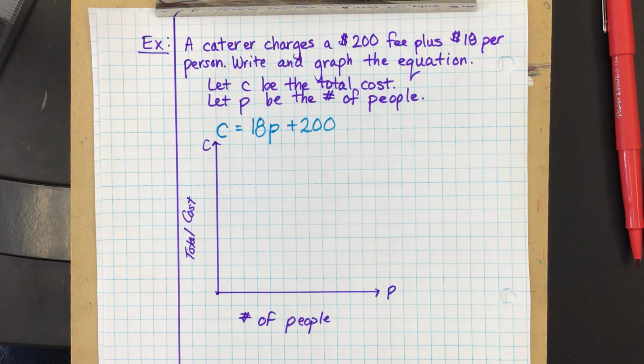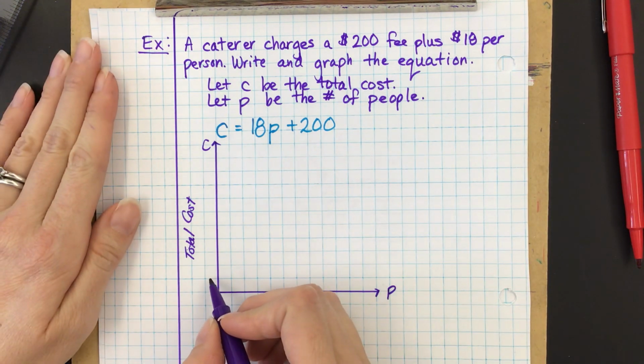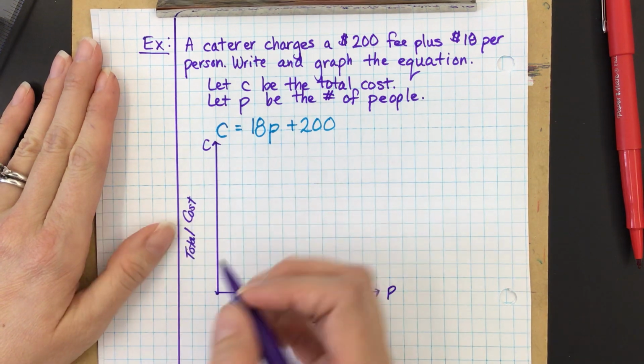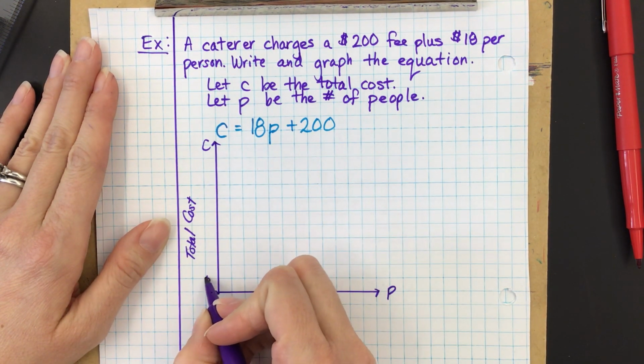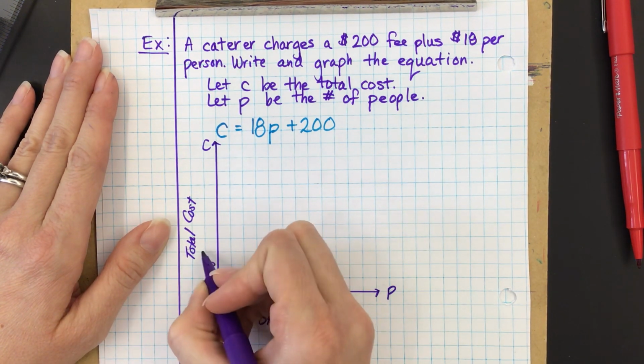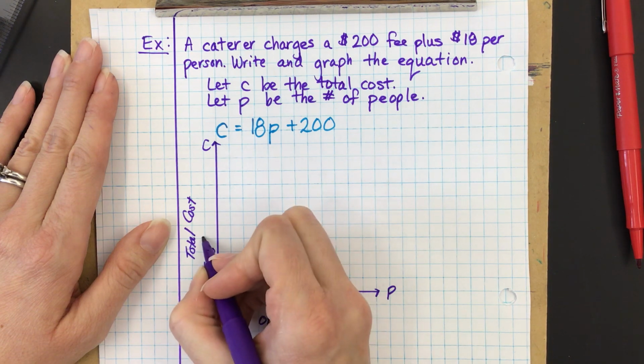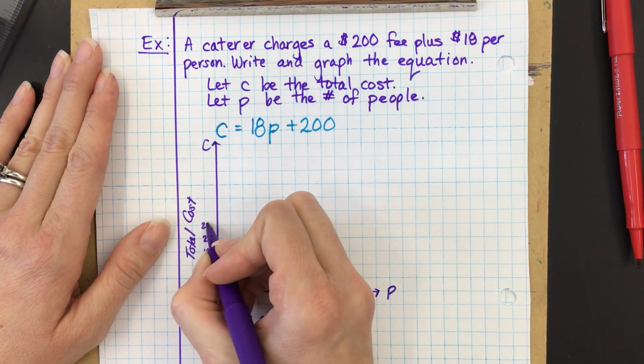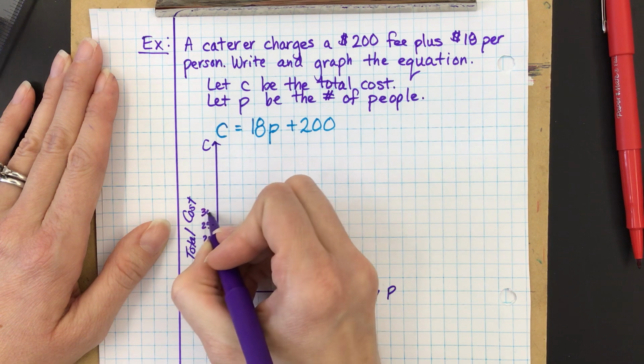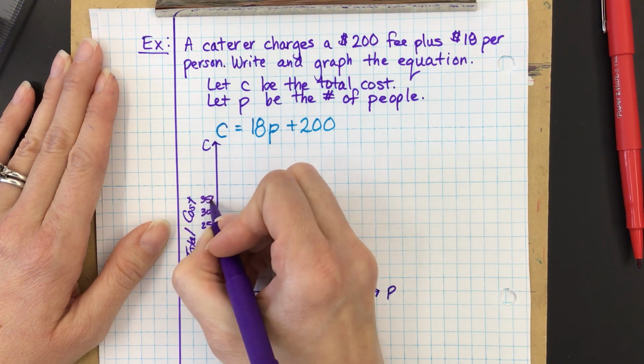Okay, so let's go ahead and go by maybe 50s on the side here. So 50, 100, 150, 200, 250, 300, 350, and so on.